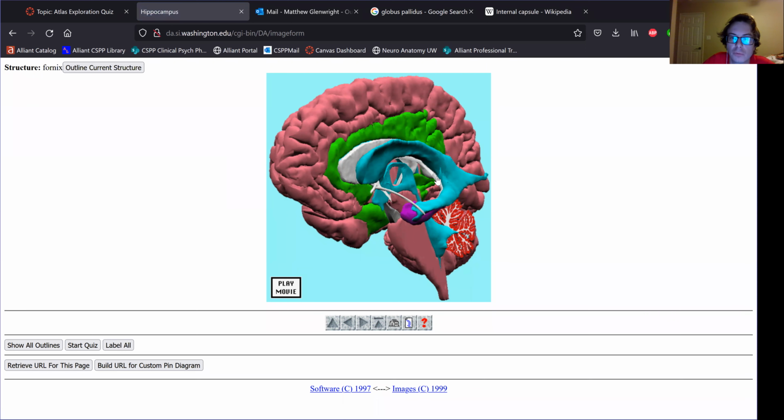They wrap around, underneath the corpus callosum. The hippocampus comes together into the fornix, and it's a partial commissure. It sort of works as a commissure, but not really, at the same time.